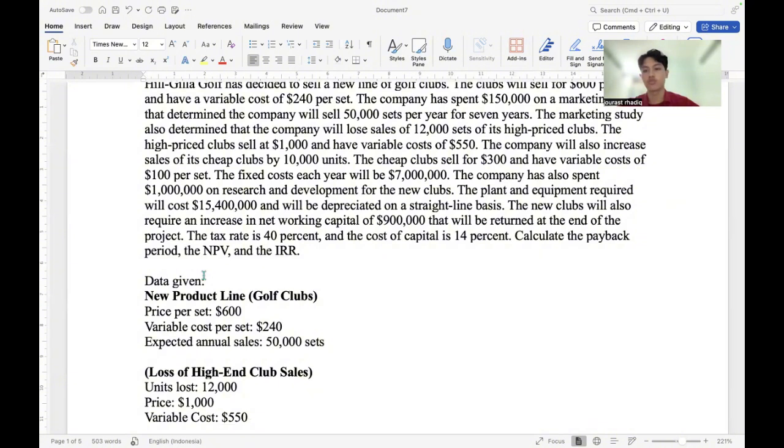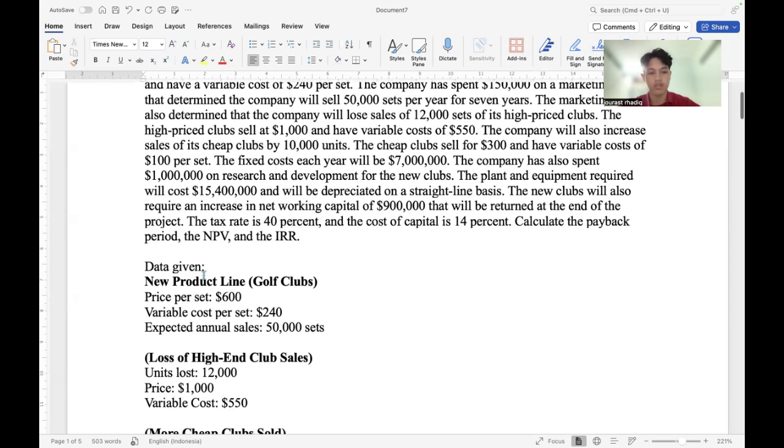But they have 2 other product lines before. The first one is the high-end club. They predicted they want to sell less of this product.